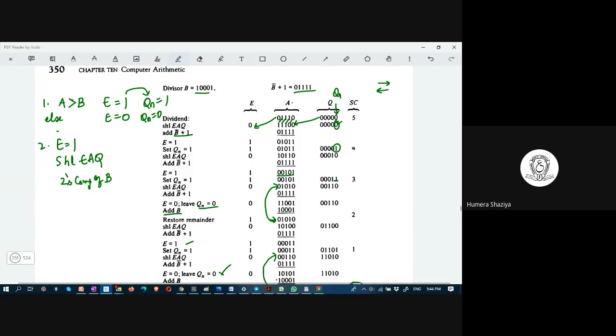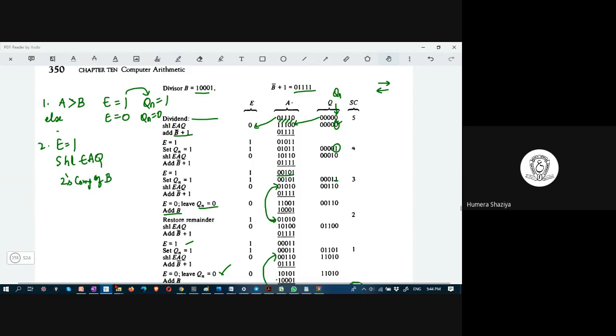2's complement of B is added to the partial product, which is obtained after doing the operation, or A, which is available at the first instance of this operation. First dividend, you are storing the dividend in A and Q, and E is 0 initially.